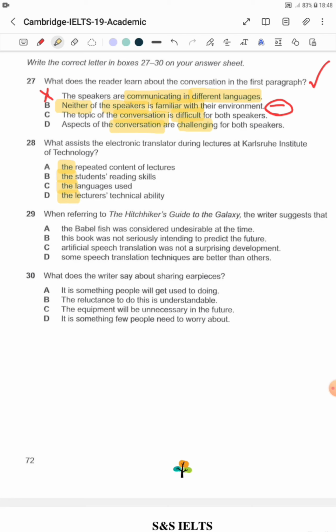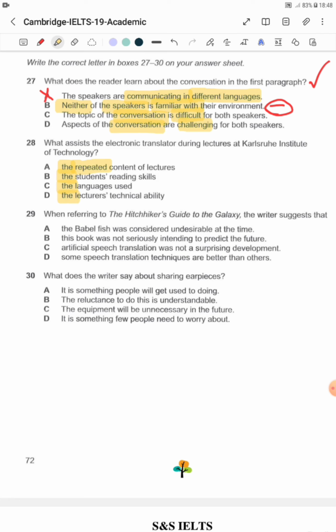The adjective is important. Adjectives are really important. Adjectives are our priority to other keywords, adjectives and adverbs. Repeated content of lectures. The students' reading skills is the same as reading skills of students.